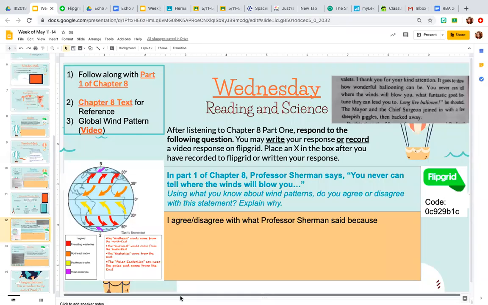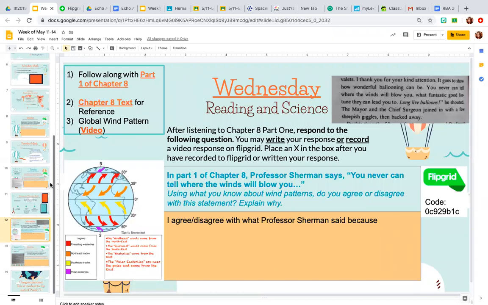Okay, so yes, our weather patterns move from west to east, and that is because of the prevailing westerlies. Remember that our winds are identified by the direction in which they blow from, not where they're blowing to.